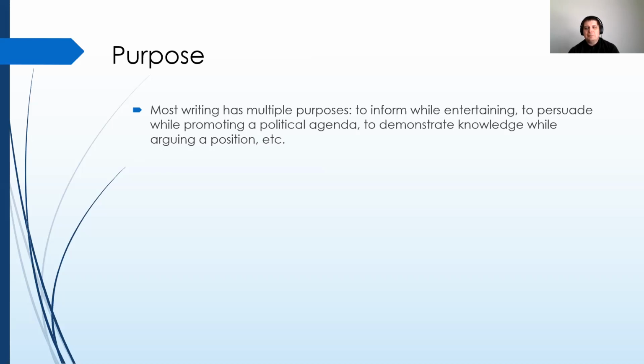So you are trying to persuade me of your argument while showing me that you are competent in some way to make that kind of argument, writing that kind of paper. Likewise, when I give you feedback, I'm giving it on both of those purposes. How well do you express the content as well as how well do you present your argument in writing?